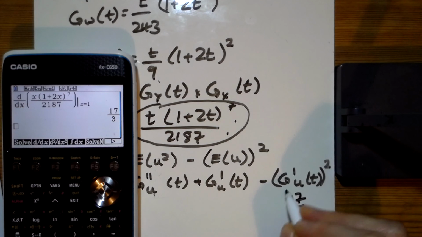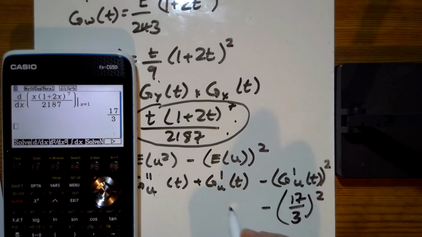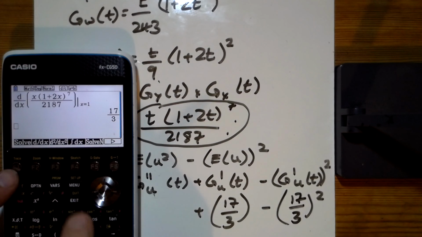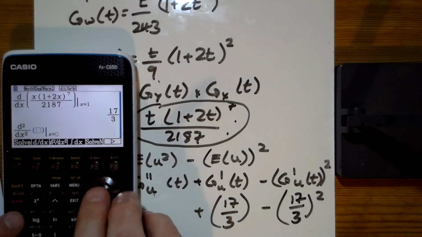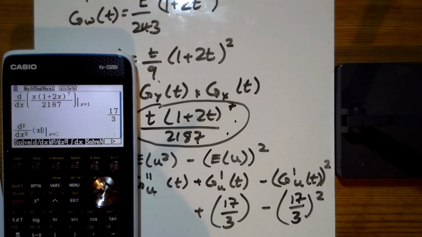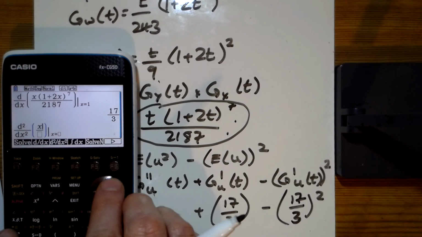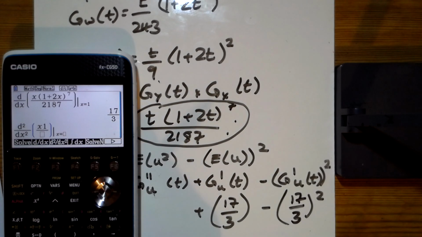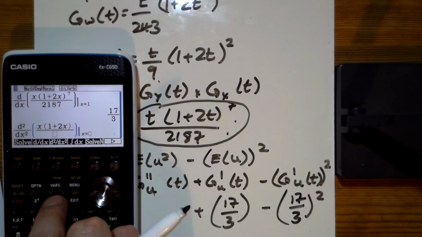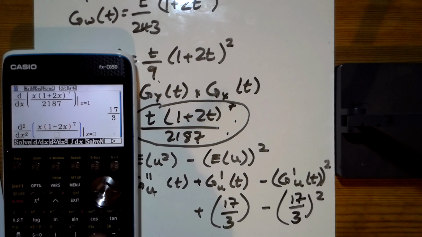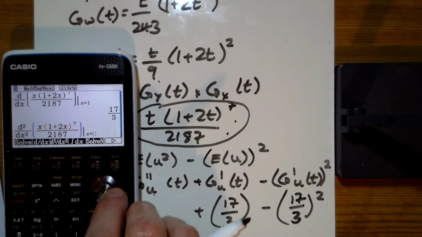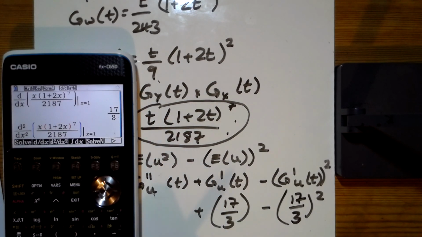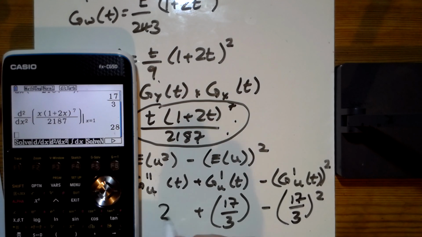So I'm going to put 17 over 3 all squared in there, and I've got 17 over 3 there. But also I need a second derivative, and the second derivative of x times (1 plus 2x) all to the power of 7 divided by 2187 when x is 1 gives me 28.